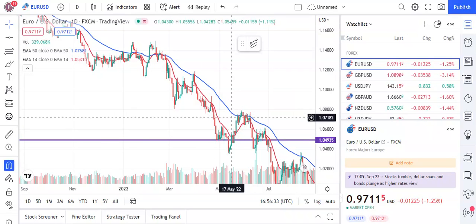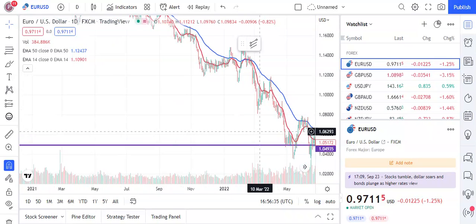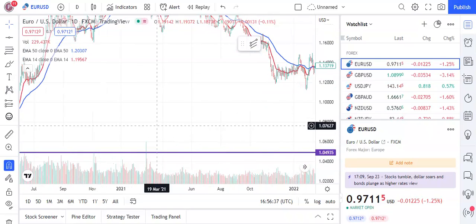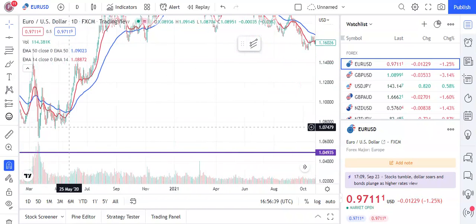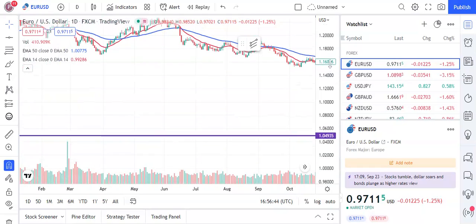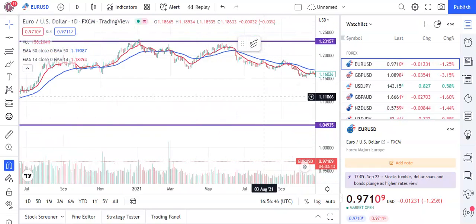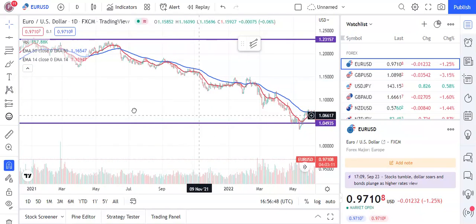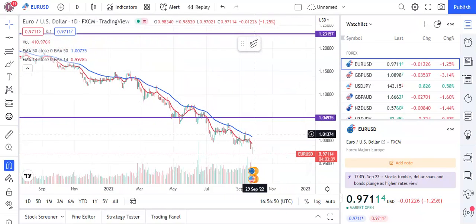Here is an area of resistance. Let's see if we have any previous confluence here. Okay, nothing. So I am much comfortable with the lines I drew here. So what I'm going to be looking at now is to see the movement of the price, how it moves.